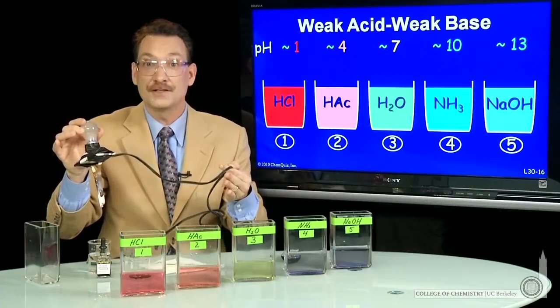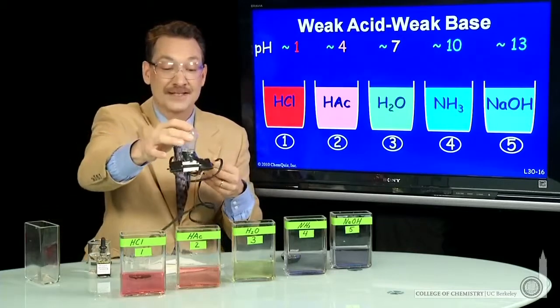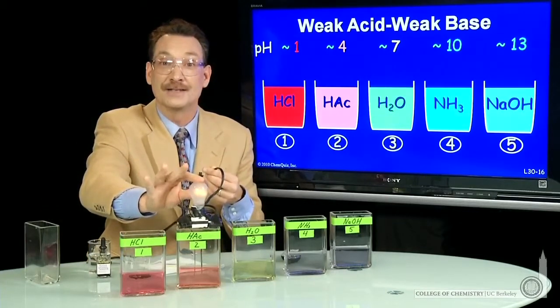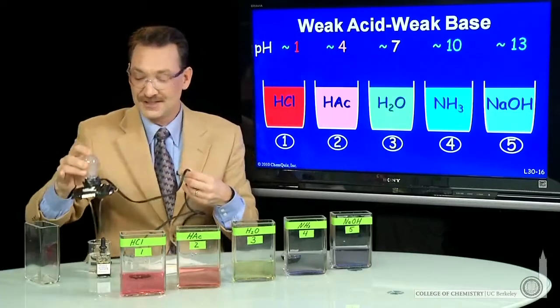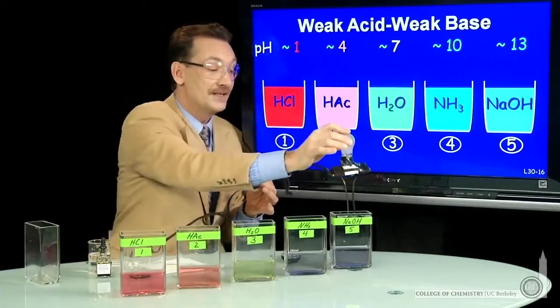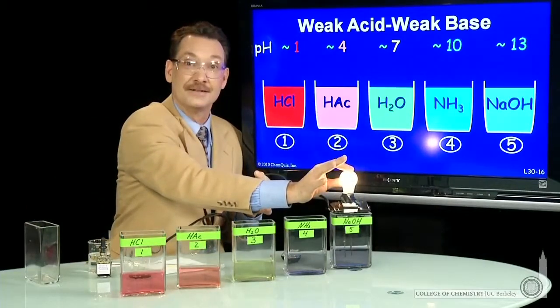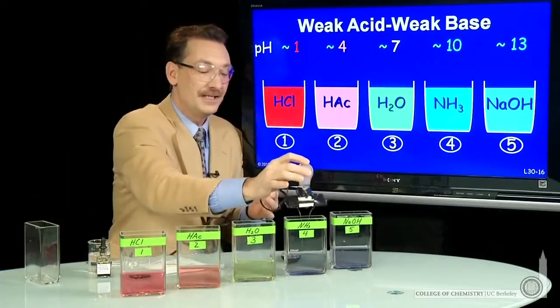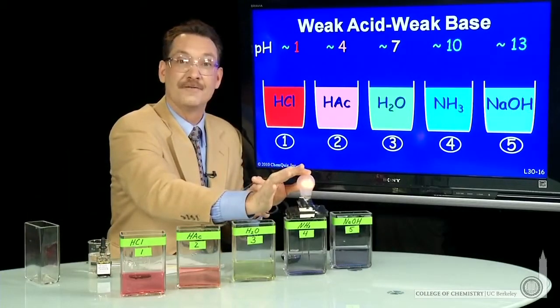So I'll have a lower concentration of ions in the weak acid and a dimmer light. We should see the same correlation between the weak base and the strong base. The strong base should give us a bright light, and the weak base should give us a dimmer light, with fewer ions in solution.